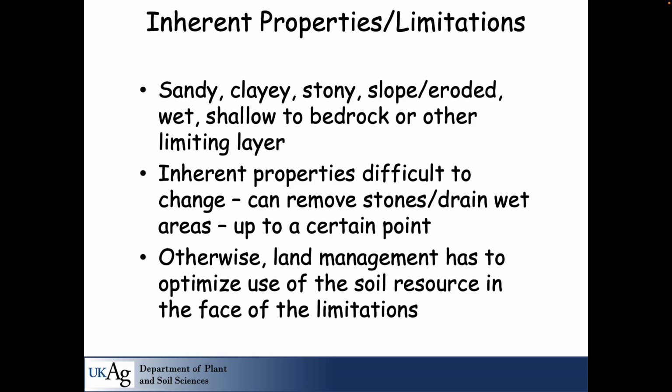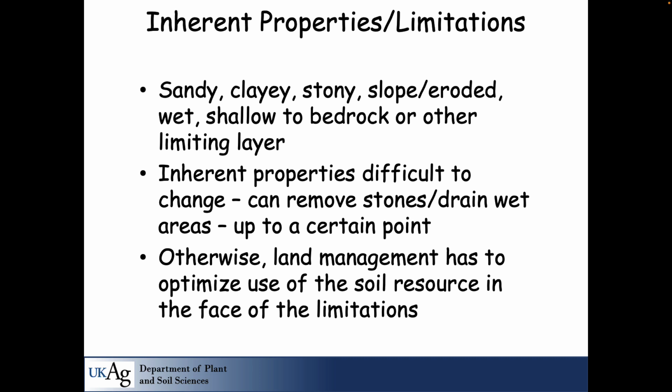Inherent properties that cause limitations in grazing are significant. Soils that are excessively sandy are drouthy. Soils that are excessively clayey can also be drouthy. The best soils for delivering water to a crop are silt loams and silty clay loams.